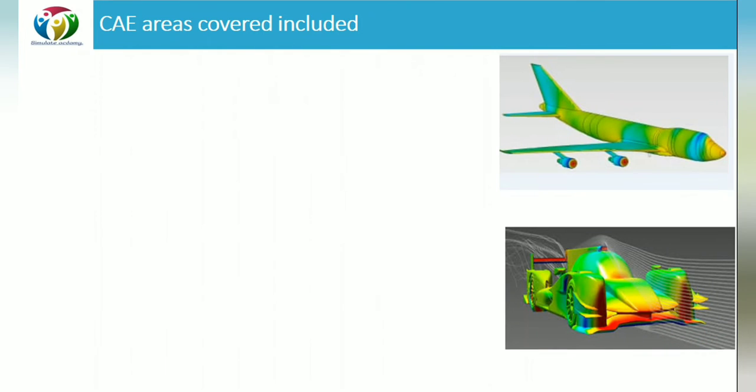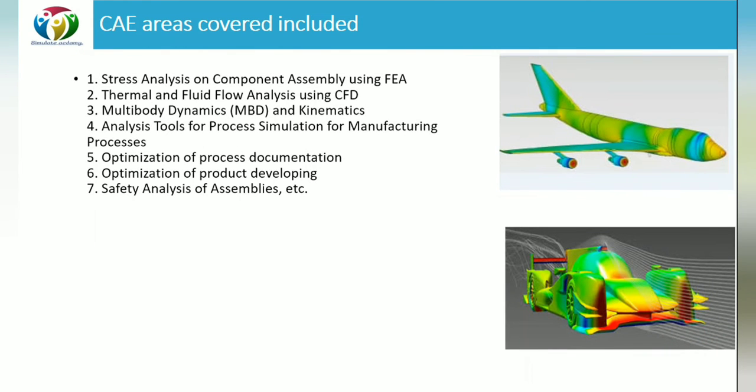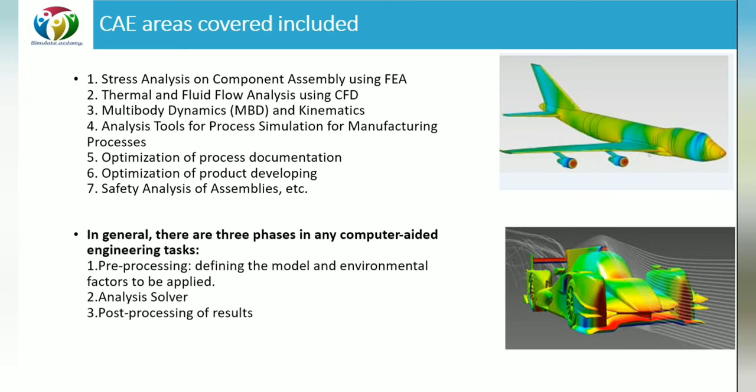CAE areas covered include: first, stress analysis on component assemblies using FEA, thermal and fluid flow analysis using CFD, multi-body dynamics and kinematics analysis tools, process and simulation tools for manufacturing processes, optimization of process documentation, optimization of product development, safety analysis of assemblies, etc. In general, there are three phases in any computer-aided engineering task.